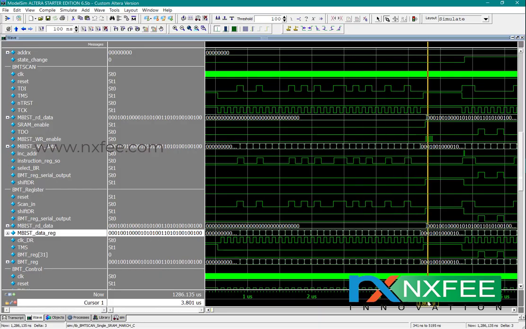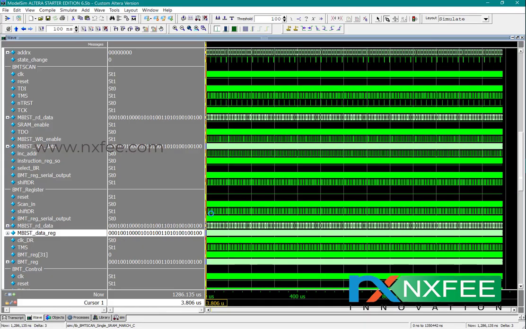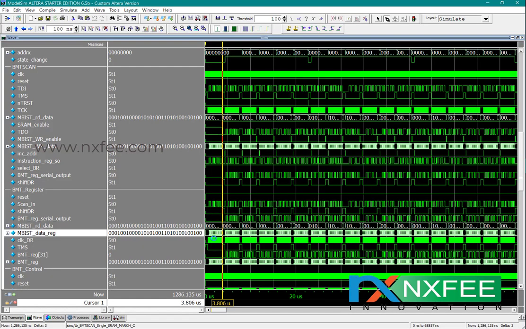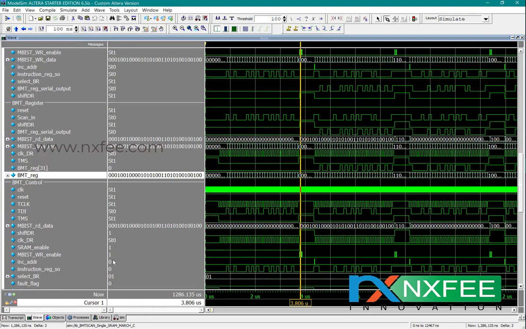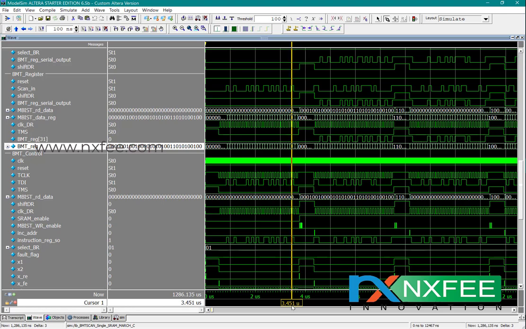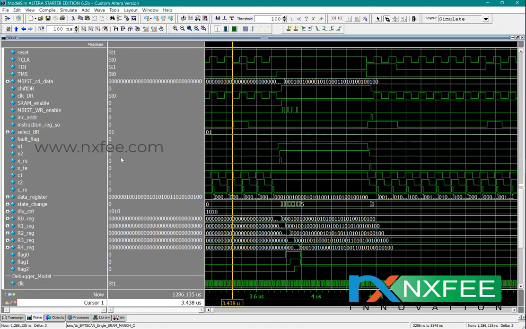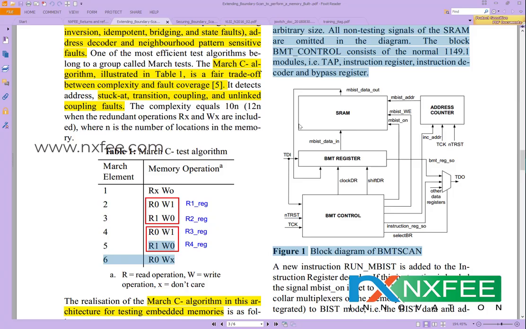Once the shifting process is finished, we can take control in the BIST controller. The BIST controller will take the control operations. Here we need to write 4 times. Why? Because in the paper they write for R1 registers, R2 registers, R3 registers and R4 registers.